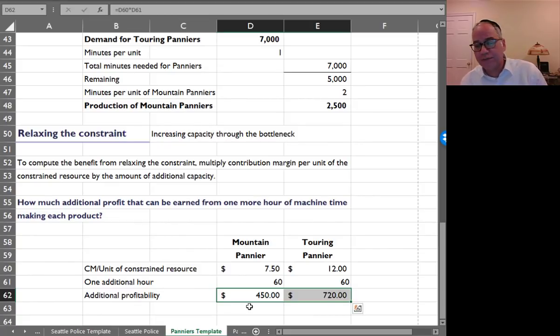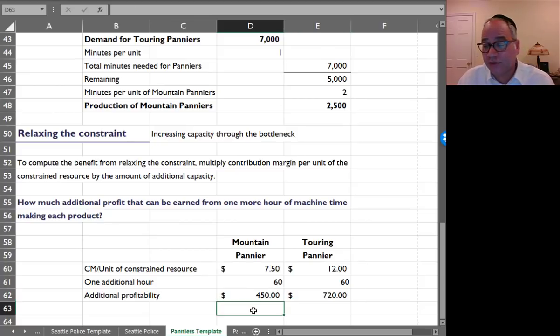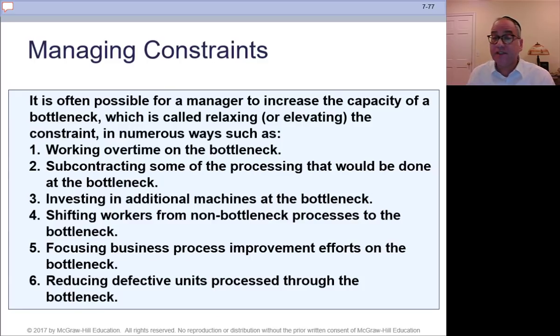For the touring pannier, it would deliver another $720 in profit. So naturally, if you were able to get another hour on that machine, you would want to use it for the touring pannier as long as you have the demand.